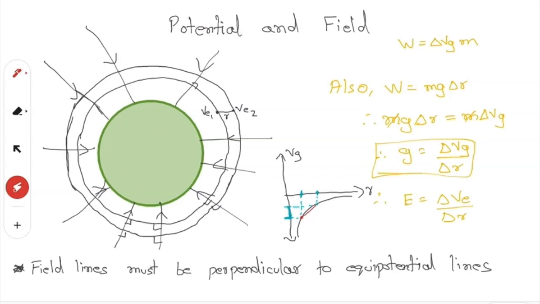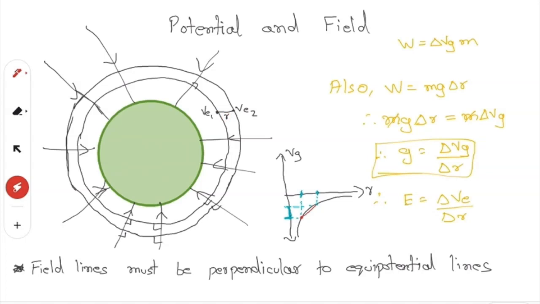And that makes sense, because suppose this was actually a mass and instead of VE this is VG. Well, if we did the change in gravitational potential from this point to this point and then divided it by this distance r, we'd get a single value for the acceleration due to gravity.